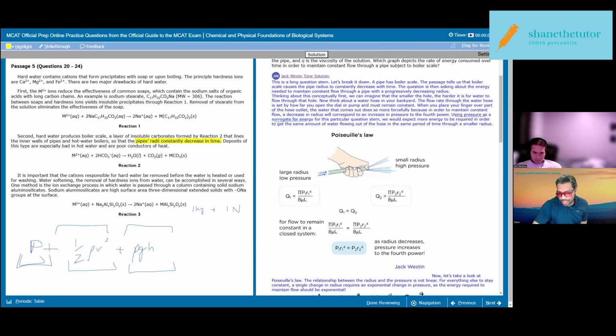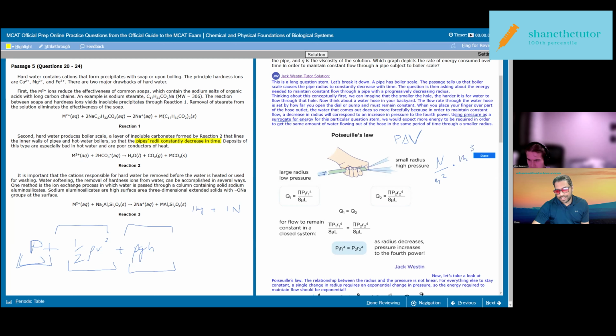Technically, it's what I wrote before, PV, right? Let's think about it. Pressure is what units? Newtons per meter squared, or pascals. Now we multiply that by volume. What would the unit for volume be? Meters cubed.